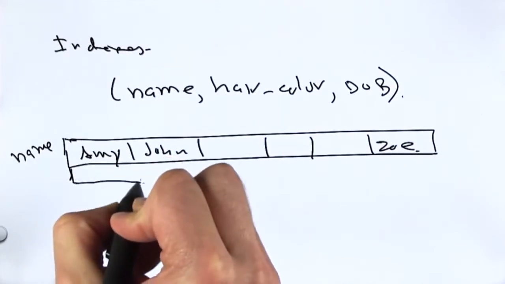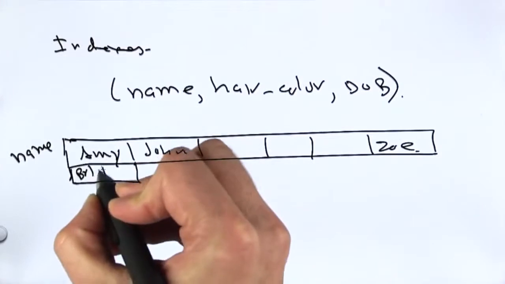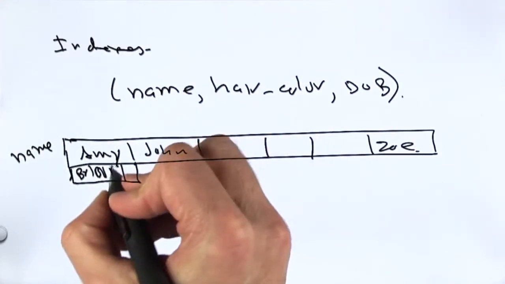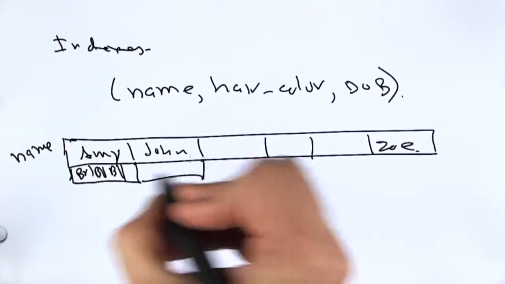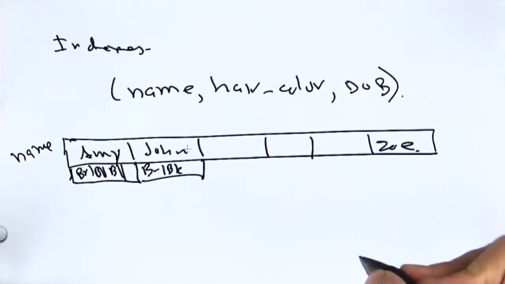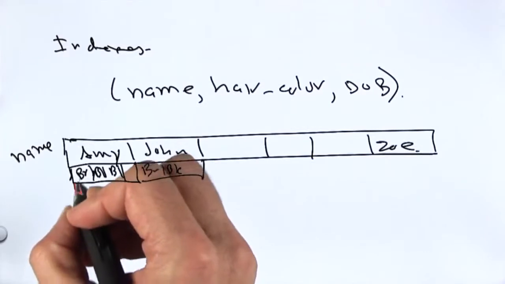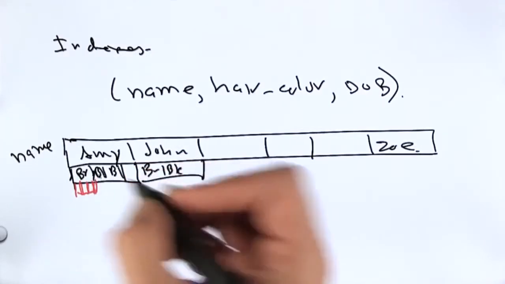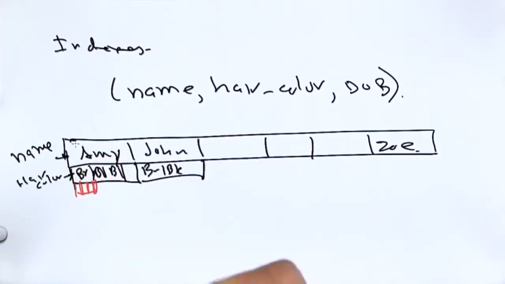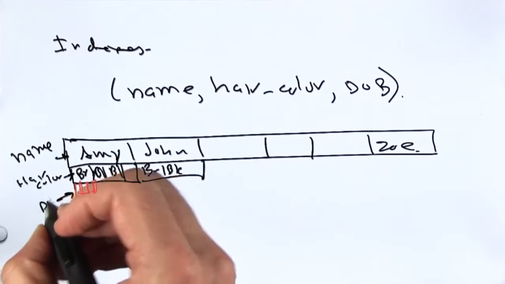So for all the Amy items, we've got brown hair, blonde hair, I'm going to put BL for blonde hair, black hair, and they're repeated for every item. So there'll be some brown hair here, black hair here. And then finally within this, pick a new color, you might have a bunch of items for date of birth. So here's my hair color over here, my name is at the top level, and then finally I've got this date of birth item at the bottom.